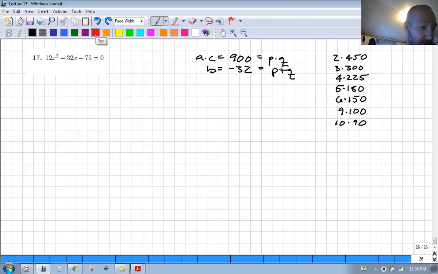Let's see, 900 divided by 11, no, 12 and 75. Multiplying to give us a positive, no. A times C here is a negative 900. Okay, so one of these has to be negative, one has to be positive.